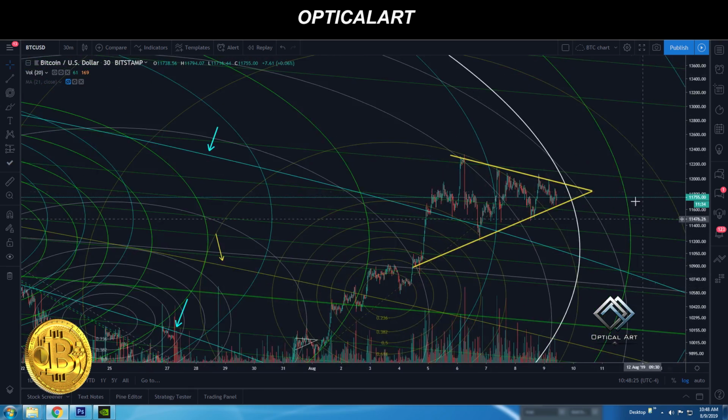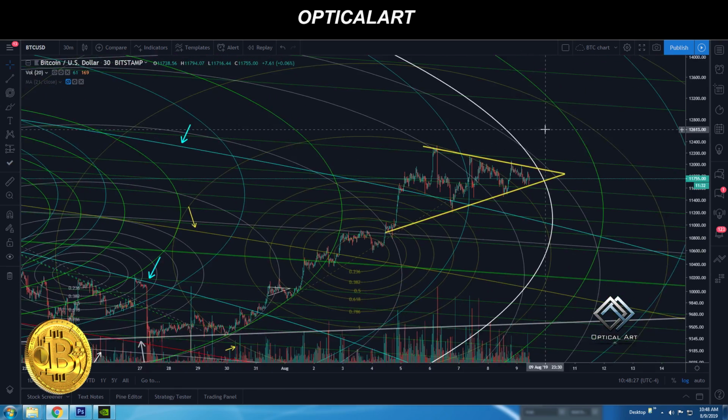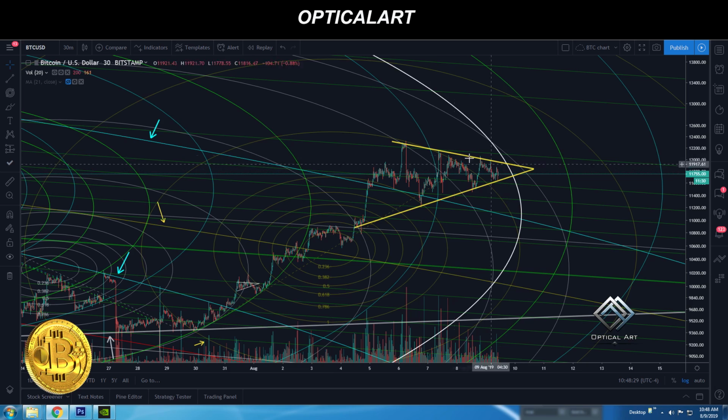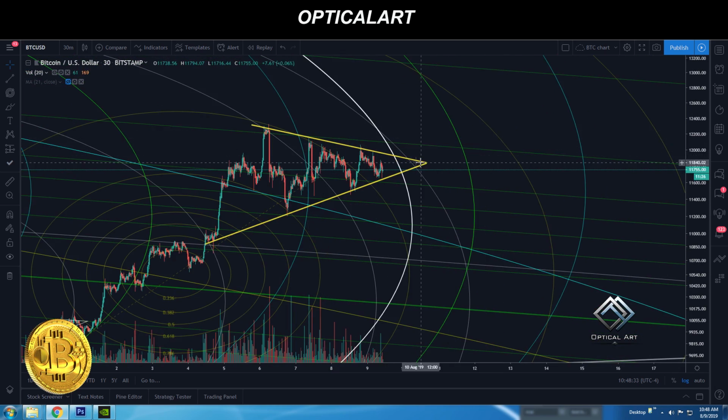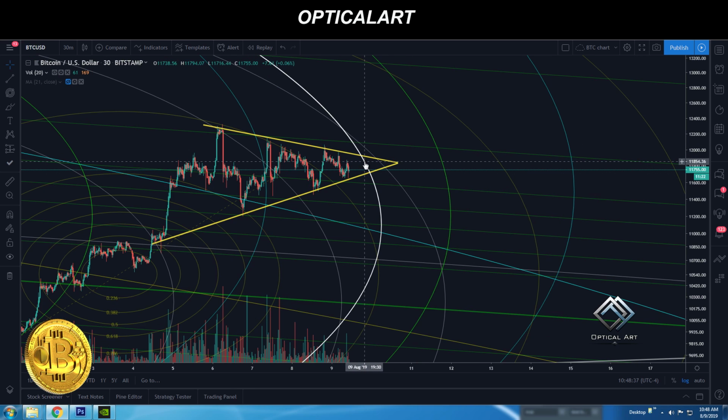And I'm telling you, this is a very important fib circle. So I expect a pivot to happen, and coincidentally, this fib circle just happens to be close to the apex of this formation. Usually, if you hit it from the top, it will be resistance and push you down.